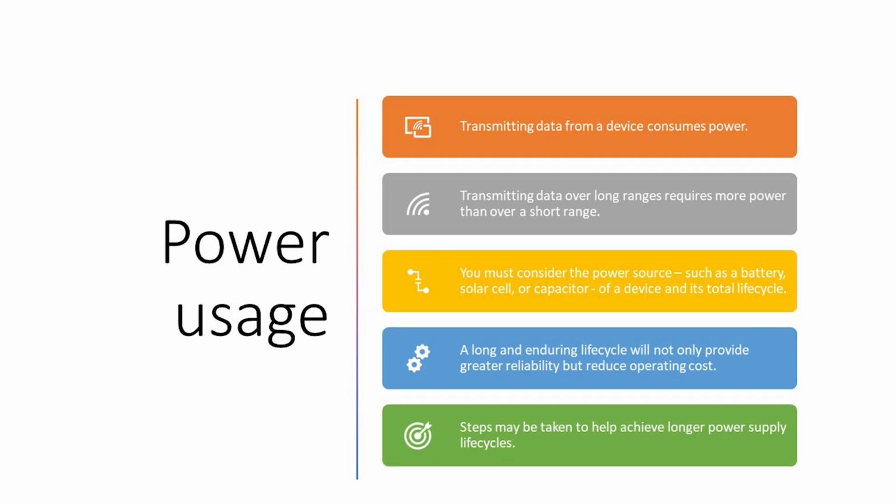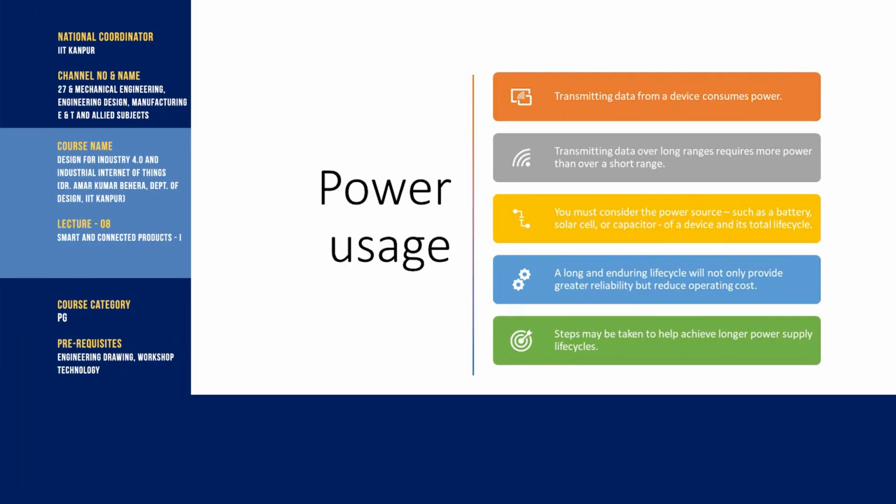You must also consider the power source, whether it is a battery, solar cell or capacitor that is being used, and its total life cycle. How long will this battery last? Then you need to think about the life cycle. If it is a long and enduring life cycle, it will provide greater reliability, and it will also reduce the operating cost.